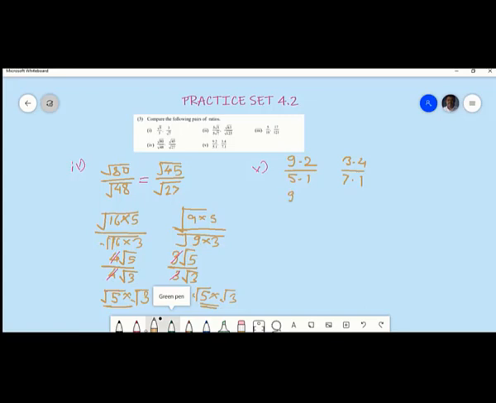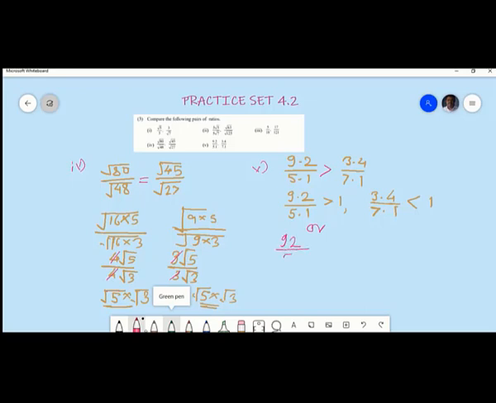So 9.2 upon 5.1 is greater than 1 and 3.4 upon 7.1 is less than 1. So which fraction is greater? 9.2 upon 5.1 is greater than 3.4 upon 7.1. Or, both decimals are in the same places, so forget decimals.